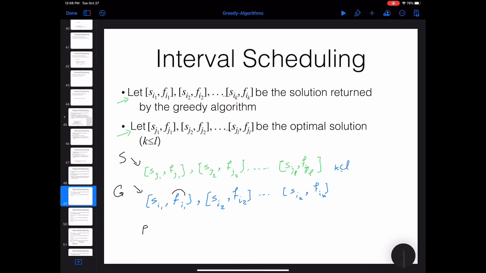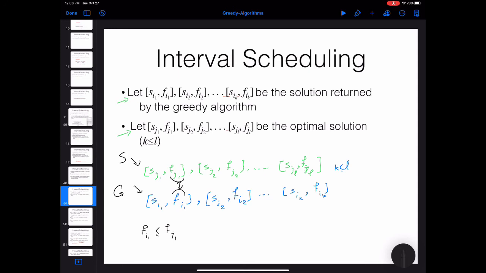I'm going to claim that the finish time of the first job in the greedy solution is definitely going to be less than or equal to the finish time of the first job in the optimal solution. I can claim that, right?